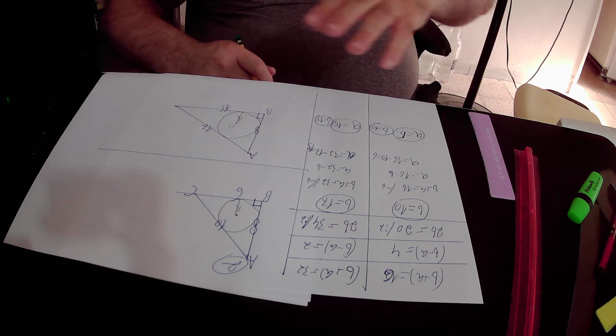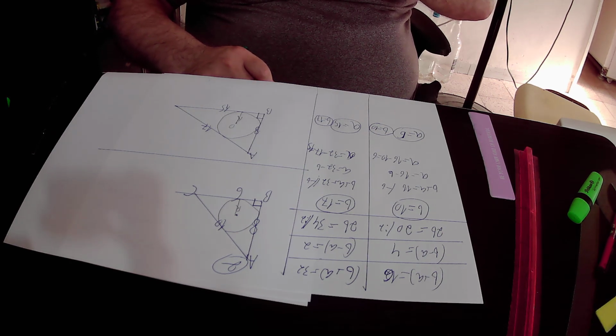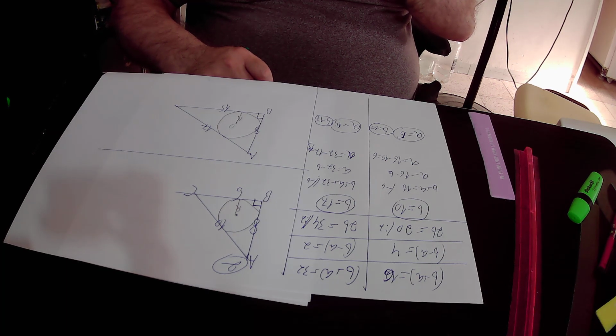So those are the two possibilities, the two right triangles that are solving our question.